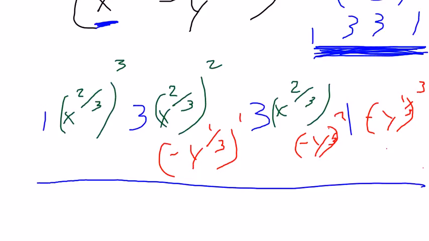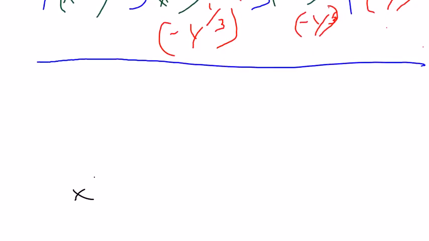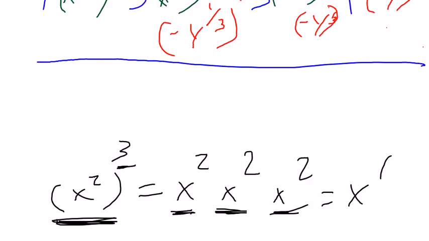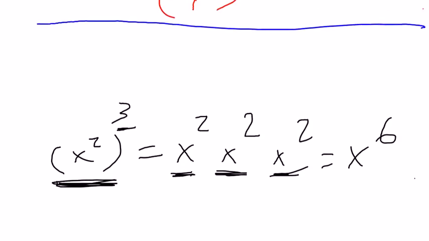So, hopefully you were in class when I talked about what happens when you have x squared, say, to the third. A lot of people want to add this, but if you work it out, this would be x squared times x squared times x squared, because this power means I have 3 of these. So now I know this is 2x's, 2x's, 2x's, so this would be x to the 6th, which brings us to our rule.